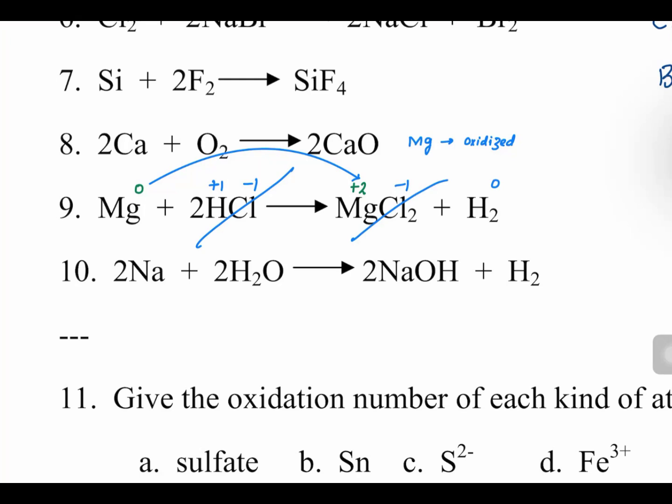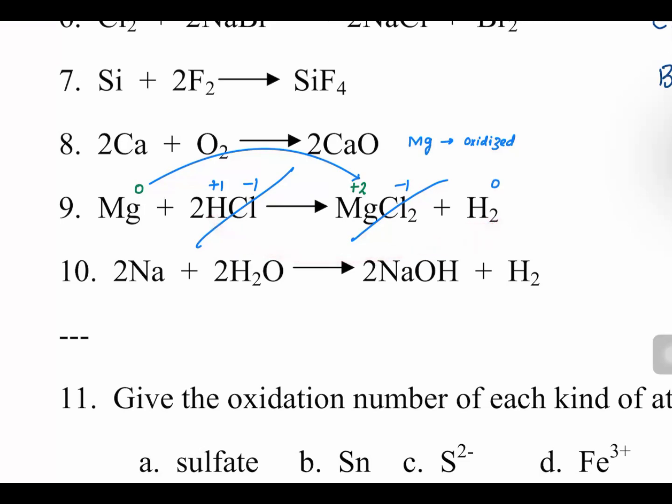I'm not considering the chlorine because they are having the same charge. I'm going to consider the hydrogen. Since you know that in HCl, the hydrogen is +1. But over here, this is H2, the diatomic free molecule. This is 0. So it's changing from +1 to 0.